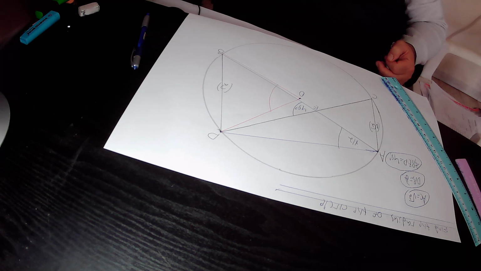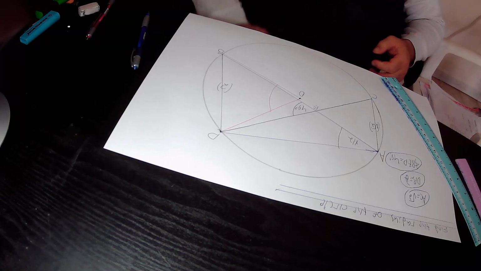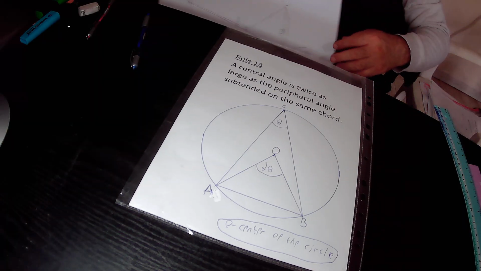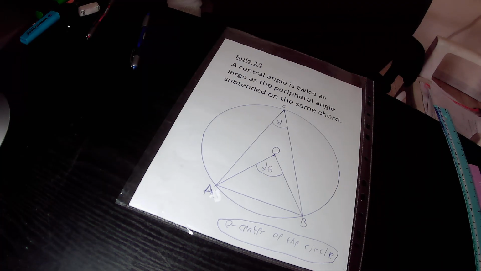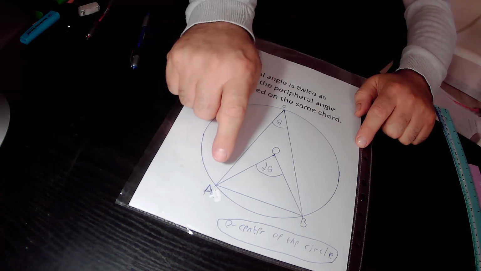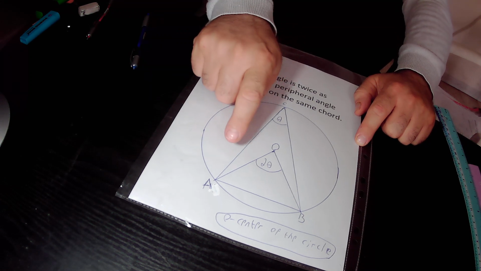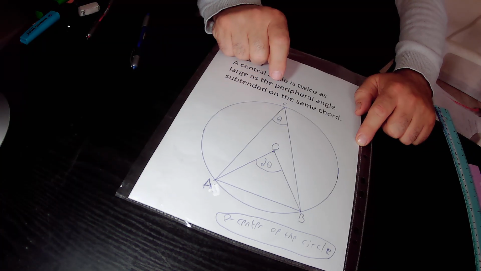So here we can implement rule 13. I repeat quickly rule 13. According to rule 13, a center angle is twice as large as the peripheral angle subtended on the same chord. So we have a circle, and this is peripheral angle ACB that subtends on chord AB, and the size of this peripheral angle ACB is theta.